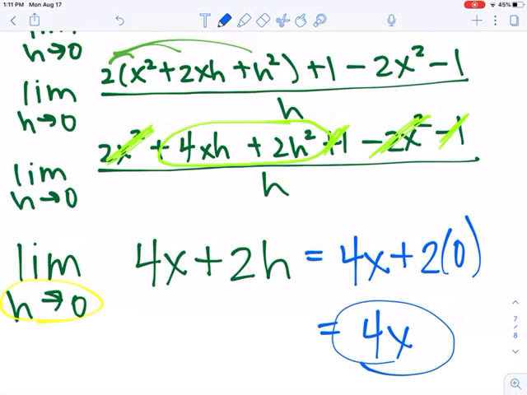And so the answer to the limit of our difference quotient is 4x. Since we're evaluating the limit as h approaches 0, those h's should disappear for your final answer. And remember, before you plug in h, you will always get this denominator to cancel out with something in your numerator.